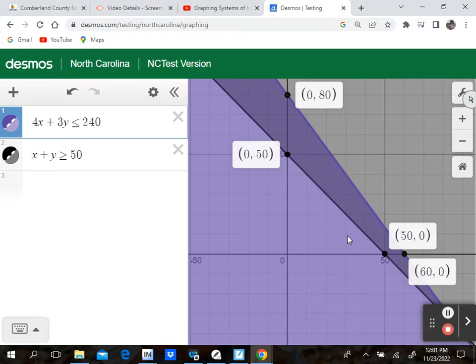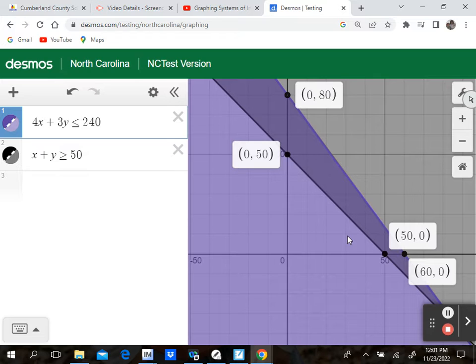Okay, and that's going to be a solid line. All right, and then the other one was 0 and 50. And 50 and 0. Okay, so that's like so. Okay, and our shading again was between the two of them.